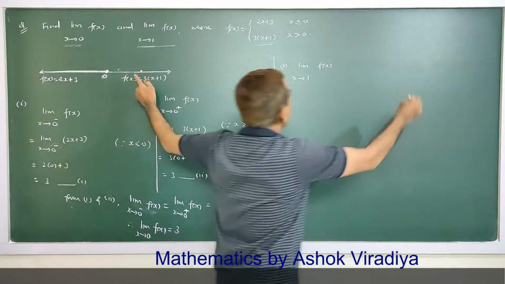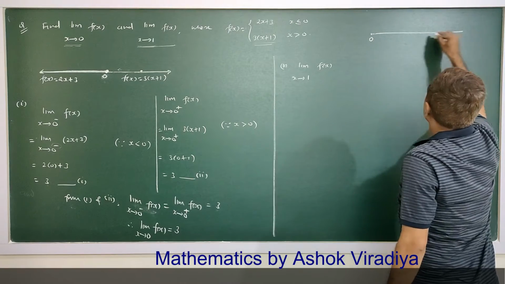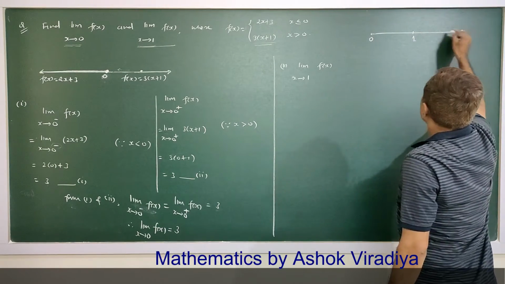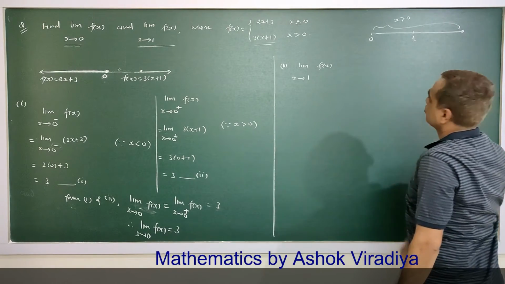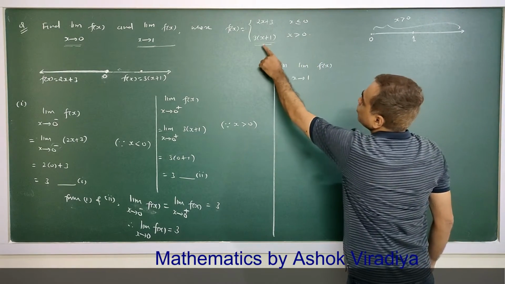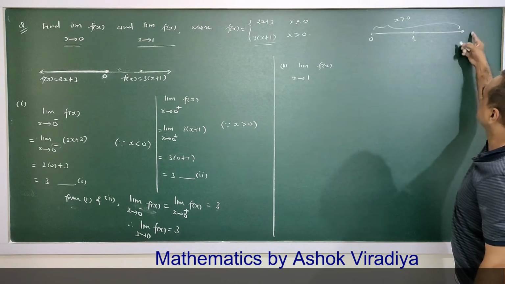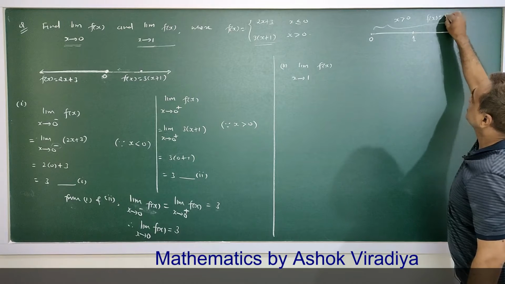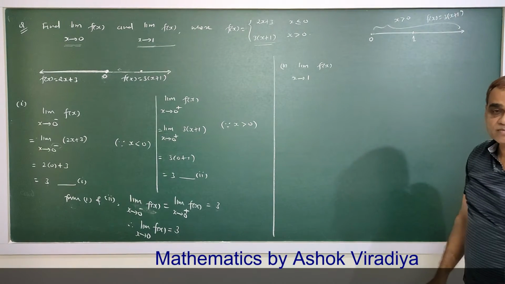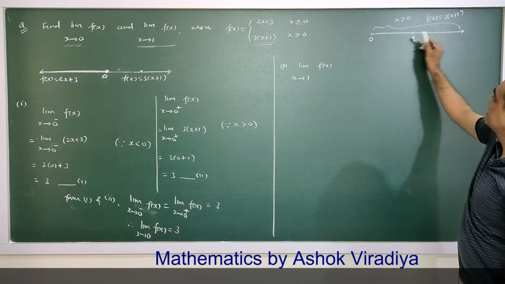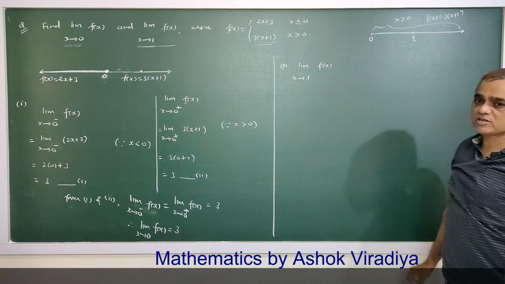That part I am showing here. Here 0, here 1. This is x more than 0. For x more than 0, f(x) is 3 into x plus 1. In this interval, if x is more than 0, then f(x) is 3 into x plus 1.